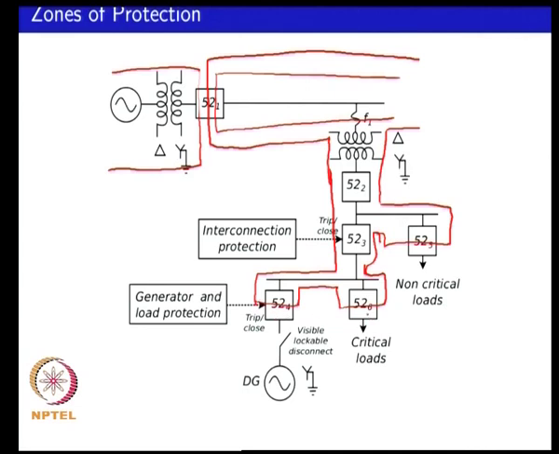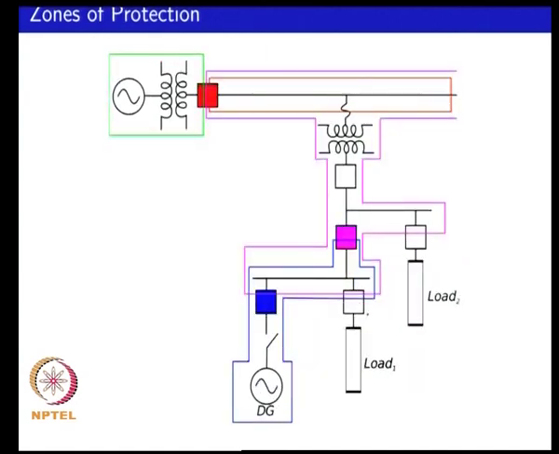So, you could actually determine what would be the interconnection protection. This would be, for example, the substation protection zone. What is shown over here is the feeder protection. What is shown in pink is the interconnection protection.